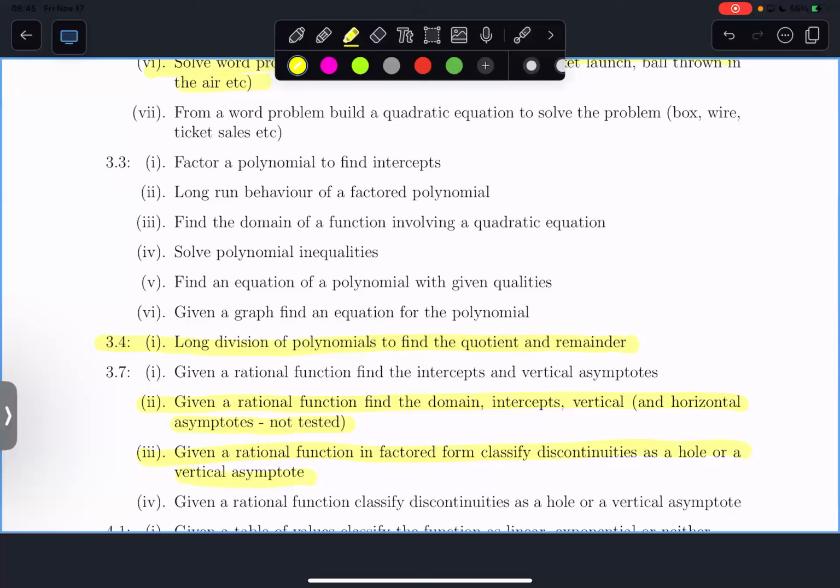Polynomial inequalities can be kind of long. Find an equation of a polynomial with given qualities. That's those like it passes through this point and whatever. How about the long run behavior? That's important.